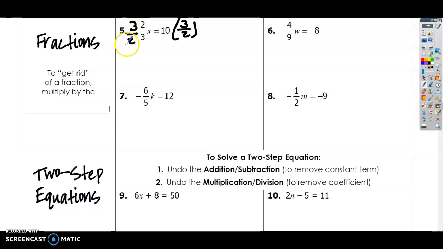Again, 3/2 times 2/3, that gives us 6/6. Any number divided by itself is 1, so that side cancels. X equals, and 10 times 3/2, that's like 1.5 times 10, so that would be 15.